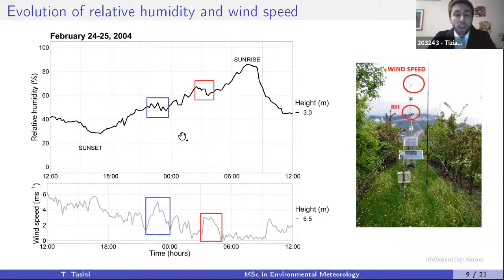So in this case, as for air temperature, relative humidity is affected by the presence of wind, which causes a slight drop in humidity during the evening in the blue box here, and during the night in the red box.